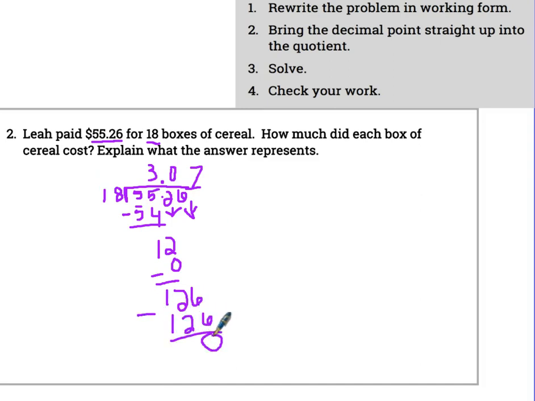And there is no remainder. And then explain what the answer represents. Well, the 55 and 26 was money. So $3.07 is the cost of one cereal box.